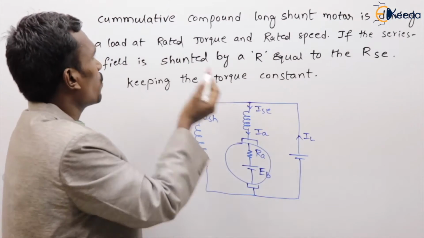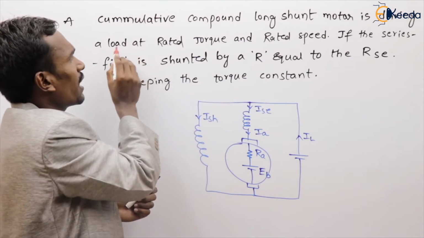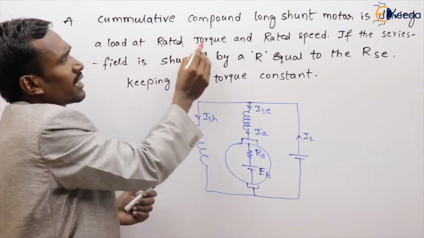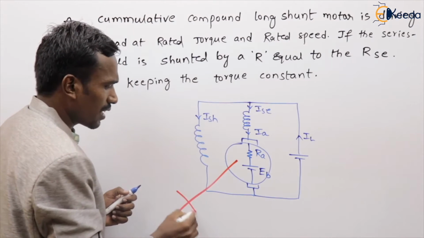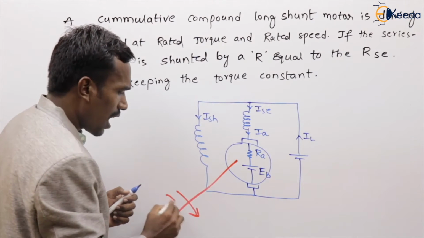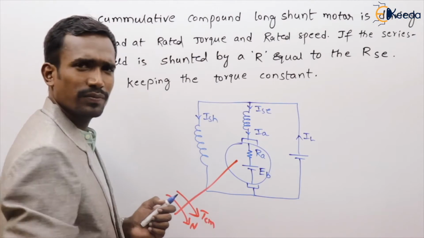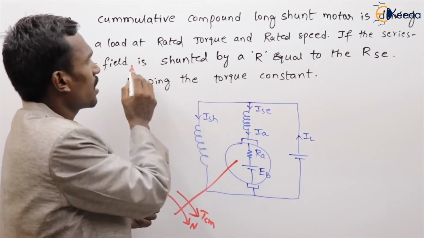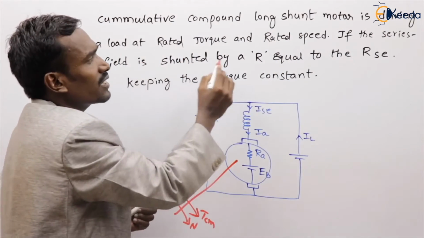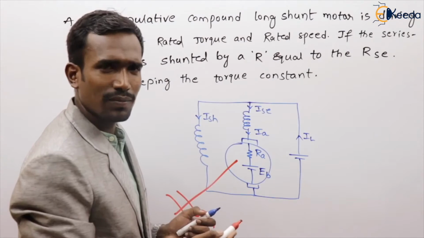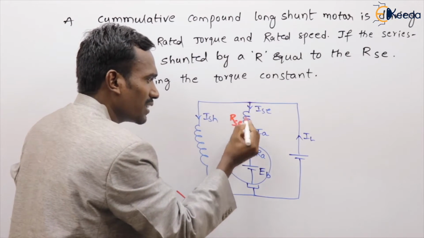Now what did they give? The motor is driving a load at rated torque and rated speed. Next, if the series field is shunted by a resistance, actually this field winding has some resistance RSE.